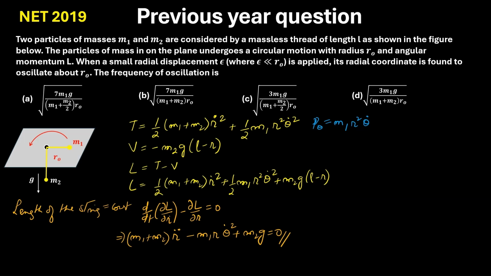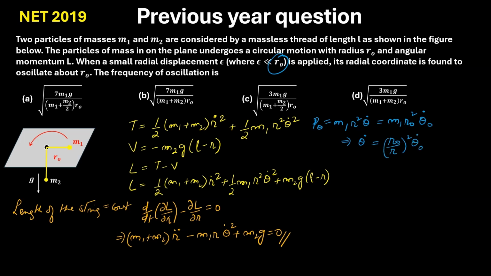So this is constant in time. In the question they have given that r0 is the equilibrium length. So I can write m1 r0 squared theta naught dot. Using this relation, I get theta dot equal to (r0 by r) whole squared times theta naught dot.